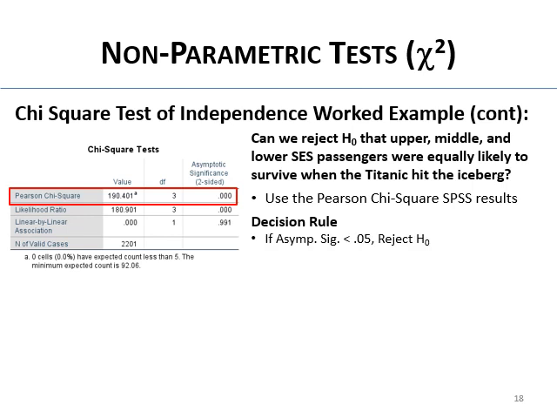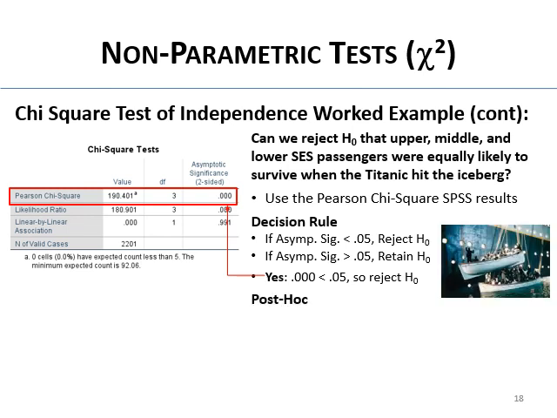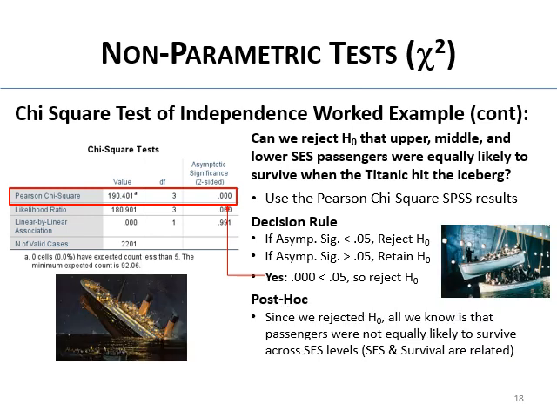So our decision rule again is if asymp sig is less than 0.05, reject the null. If it's greater than 0.05, retain the null. So, yep, 0.000 is definitely less than 0.05, so we're going to reject the null. So we know that passengers are not equally likely to survive across SES levels. That is, SES and survival are indeed related.